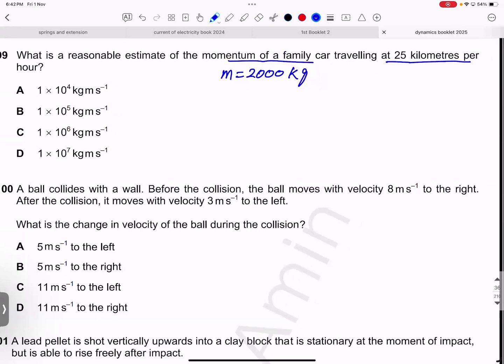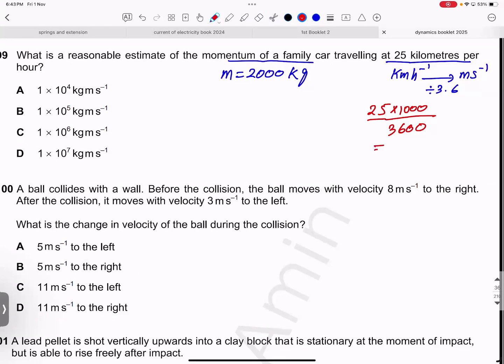The speed is in kilometer per hour. When you want to change kilometer per hour into meters per second, the conversion factor is 3.6. You can directly divide by 3.6. If you don't like this, there is another way: 25 kilometers means times 1000, per hour means 3600.